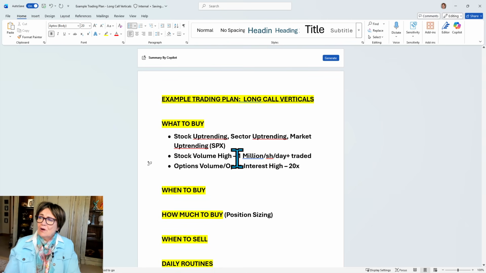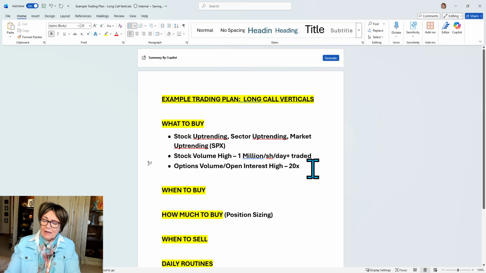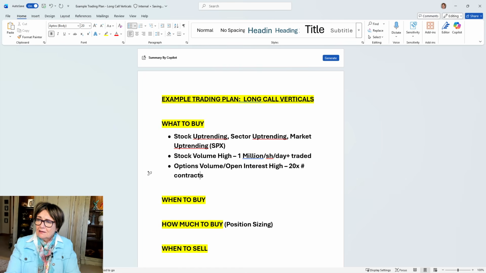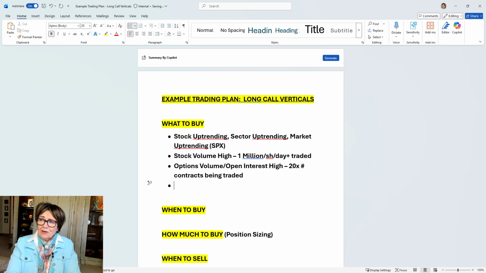So we might say we want that to be at least 20 times the number of contracts being traded. So if we want to do one contract, we'd like there to be at least 20 contracts on the books.